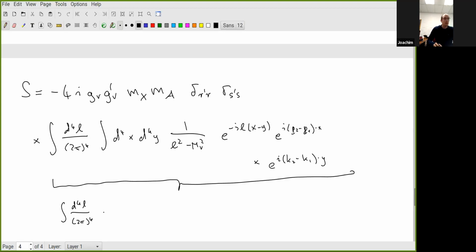Then you get 2 delta functions, (2 pi) to the 4 delta 4. So you need to collect the terms with the x's. So this one, and this one. So that gives p2 minus p1 minus L. And then there's another one where you integrate over y. So that gives another factor, (2 pi) to the 4 delta 4, and now we have k2 minus k1 plus L.